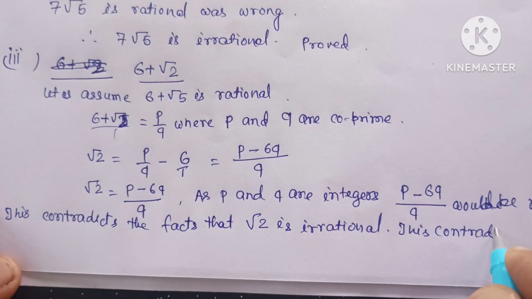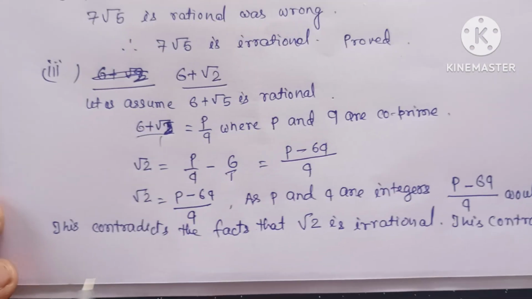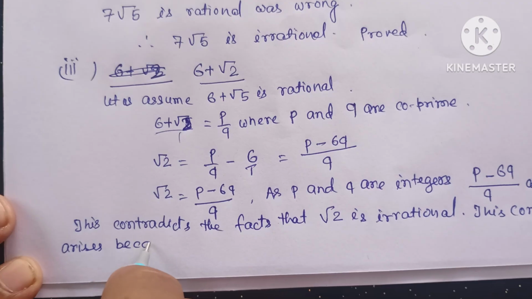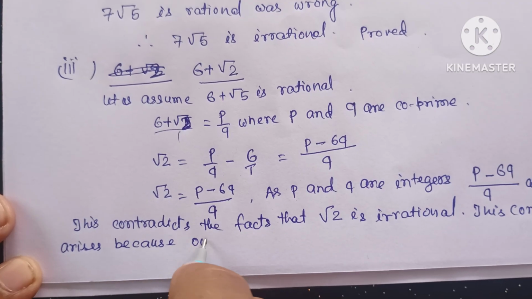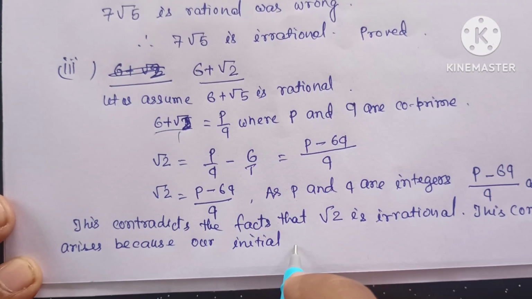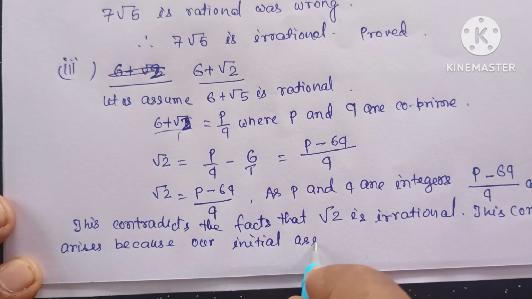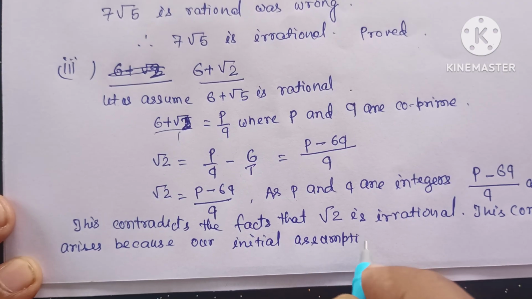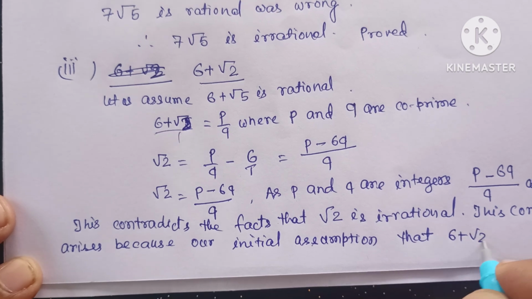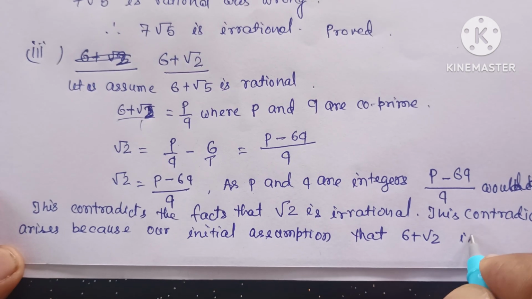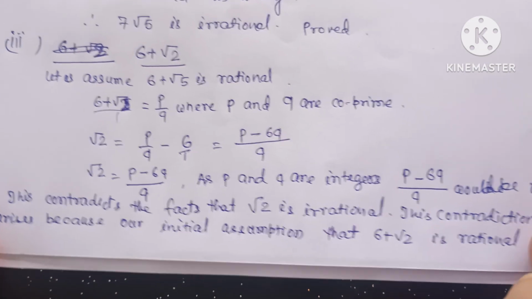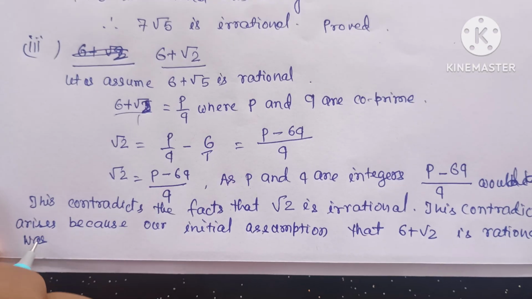This contradiction arises because of our initial assumption that 6 plus root 2 is rational was wrong.